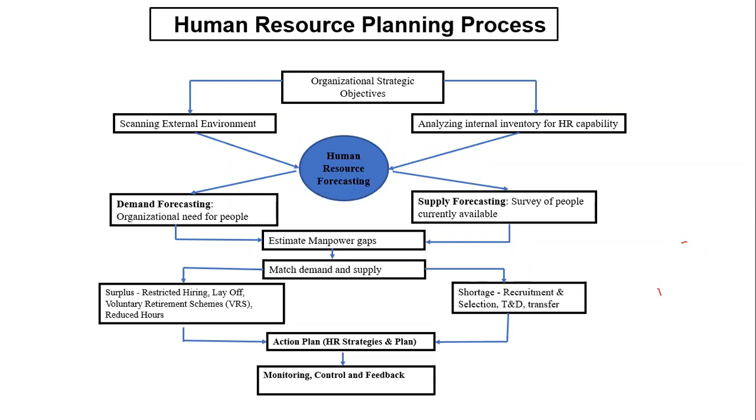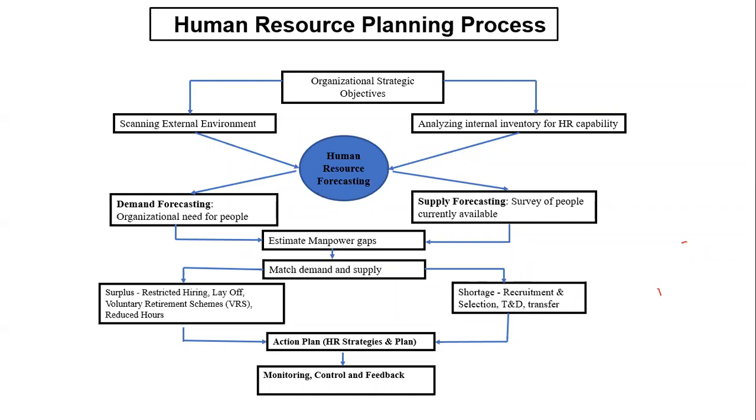And this problem can be construed as surplus. Surplus simply means that, at that particular moment, the number of people that we have working for us exceeds the number of people that we actually need to help us achieve competitive advantage.